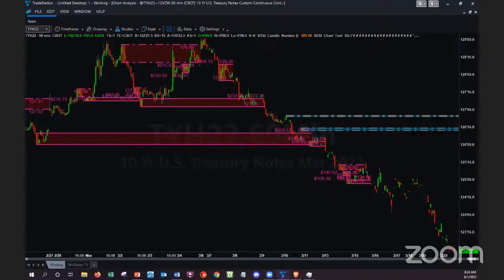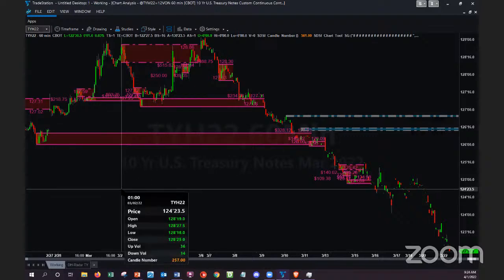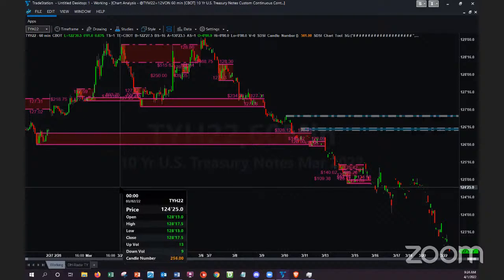Okay, so you see what everything's looking like here. And as you get up into here, which it should have rolled over on 3/2. And we're going to look at this right here. 3/2 should have been the rollover date.